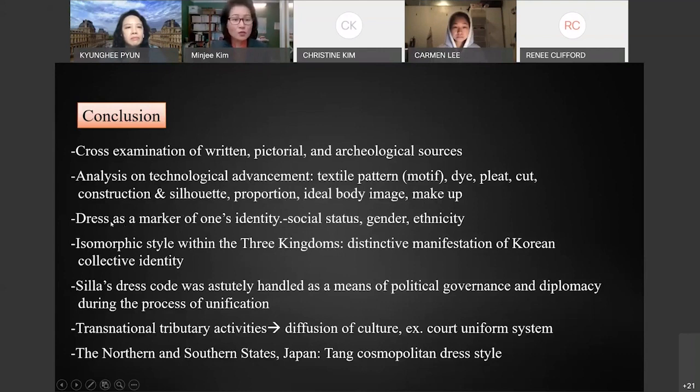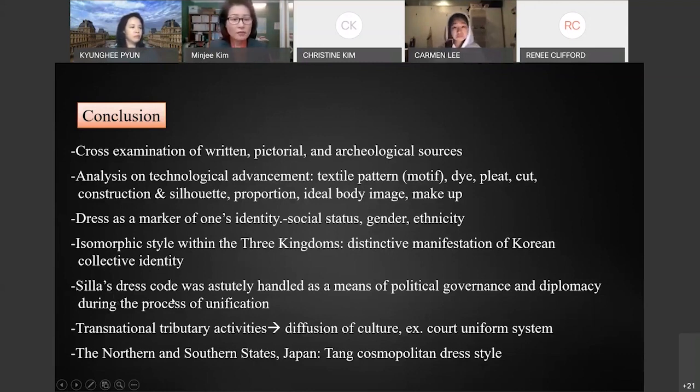And dress, we have to look at as a marker of one's identity, social status, gender, and ethnicity. And in the Three Kingdoms period, before the unification, the Three Kingdoms managed their clothing culture very similarly. And that manifests distinctive dress culture from other countries, but within their countries, they manifested Korean collective identity.